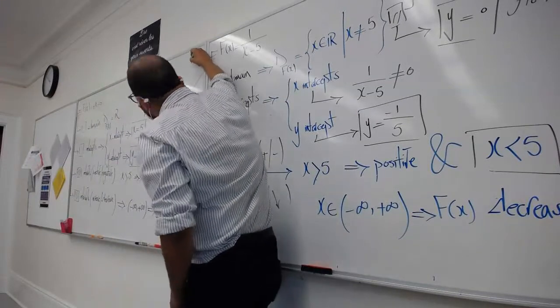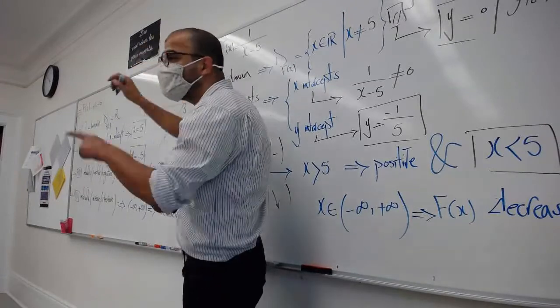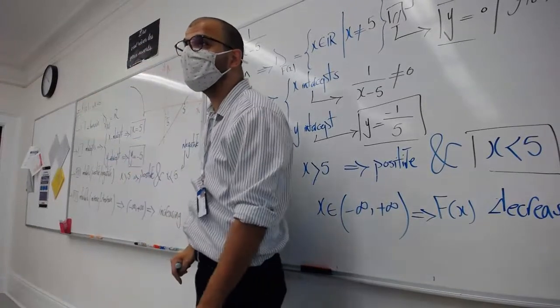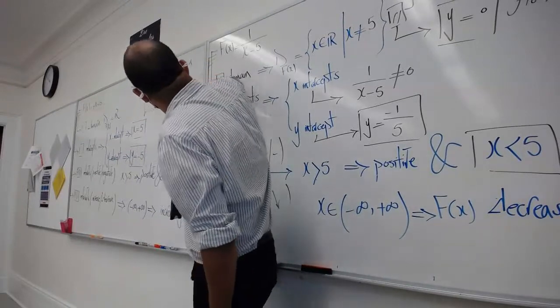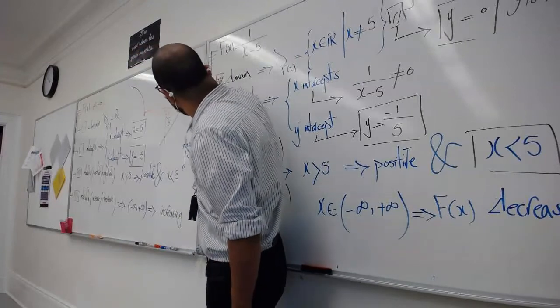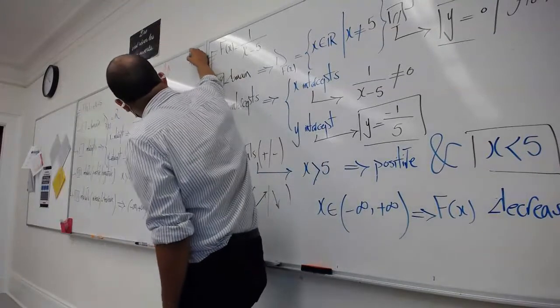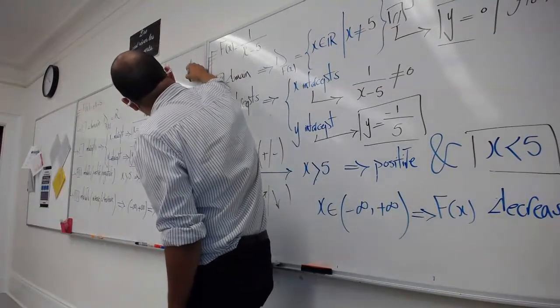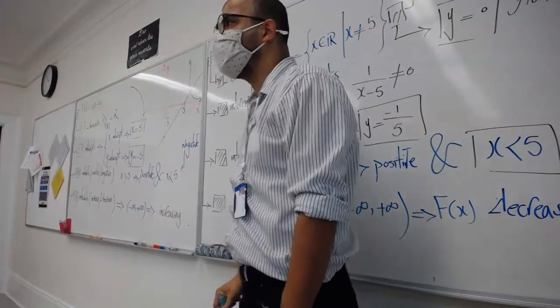I have to draw it so that it gets close to the asymptotes. One vertical asymptote is this, one horizontal asymptote is this. The function has to be above the x-axis after 5, and the function is decreasing. You start from here, and you go all the way there. It's the first part of the function.